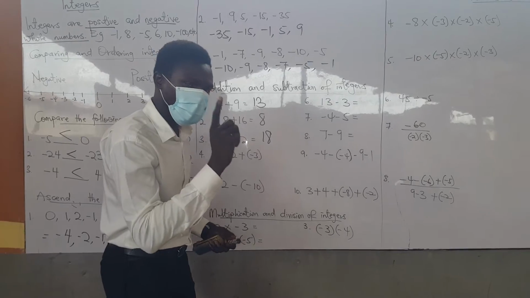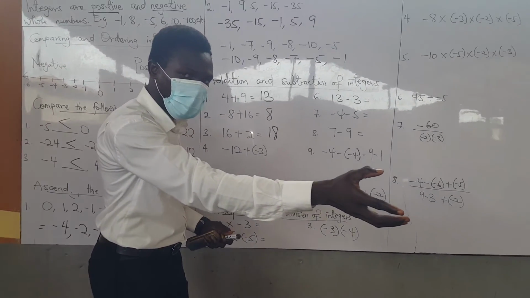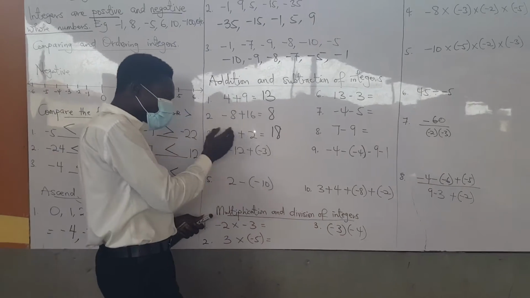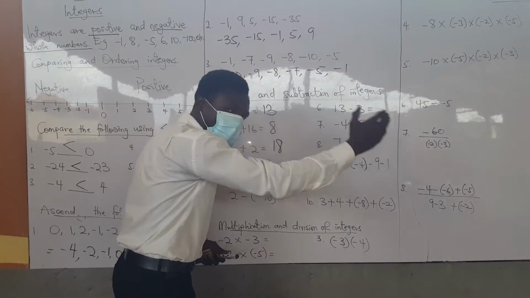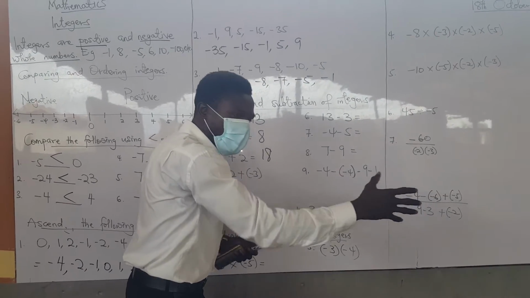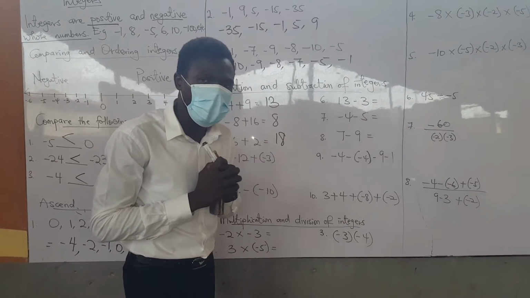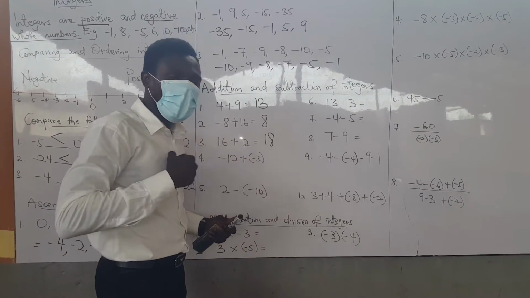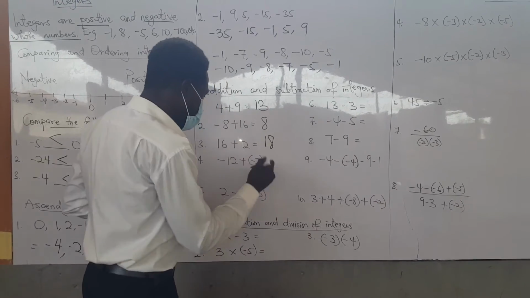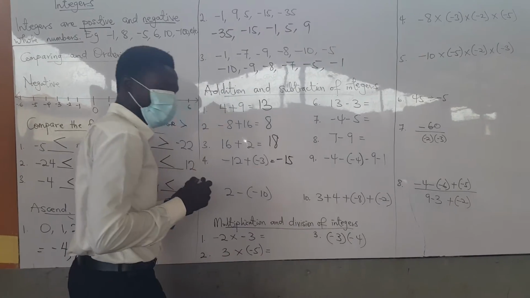Remember what I told you. You owe. If it is negative, you are owing. So here, I owe 12 cedis somewhere, and I'm owing another 3 cedis somewhere. If I put this amount of owings together, how much will I owe? I will owe 15. So because I will still owe, this answer becomes negative 15.